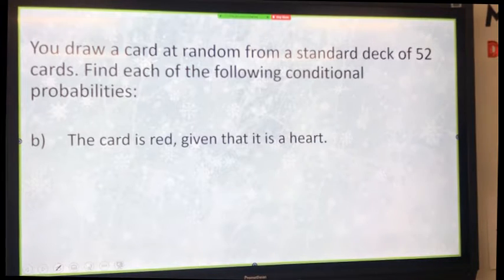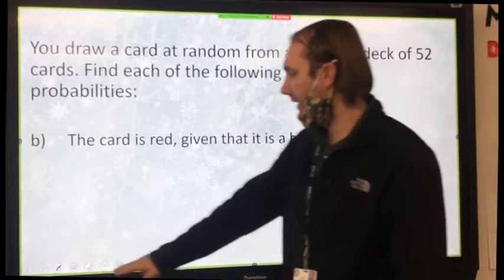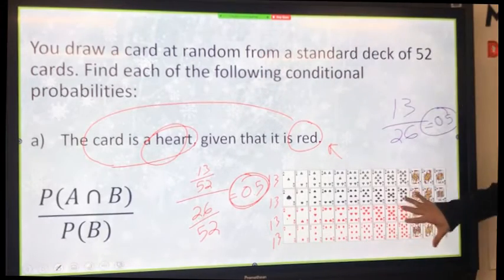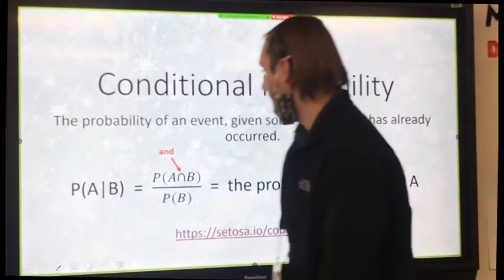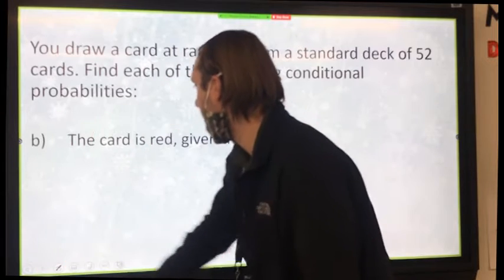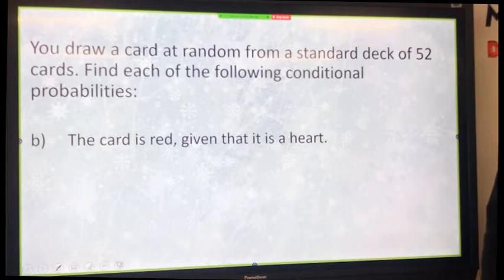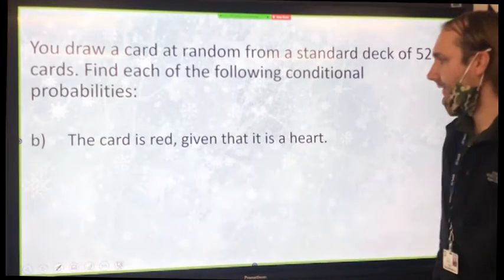So, what's the probability that the card is red, given that it is a heart? What do you think? Probability that the card is red, given that it's a heart. Perhaps I should have just kept this on all slides. What do you think the probability is? Well, let's see.